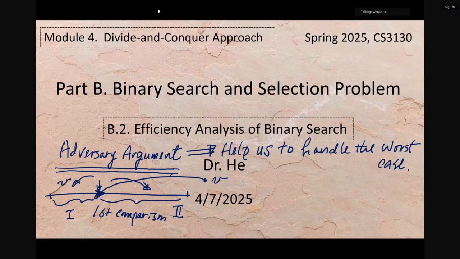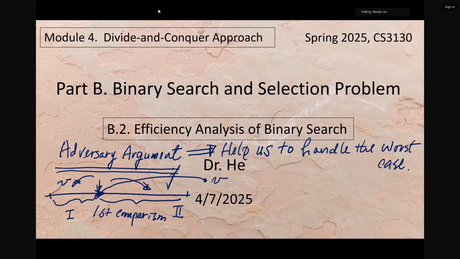And the goal of the adversary is forcing us to do more work. That's a good adversary. So the adversary would pick the longer subarray for us to work on. The adversary told us V falls into subarray number 2, and now you need to work on that longer subarray. That makes sense, right?